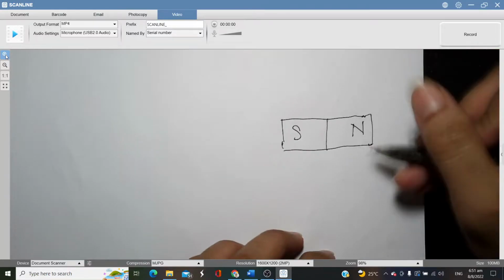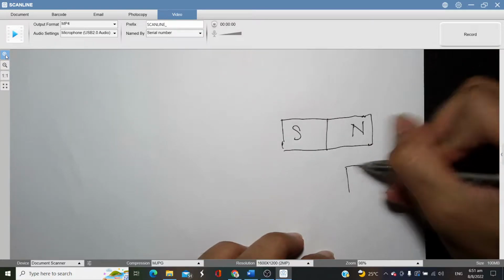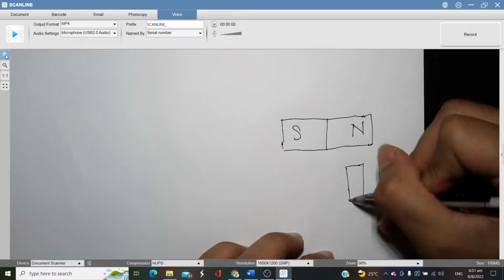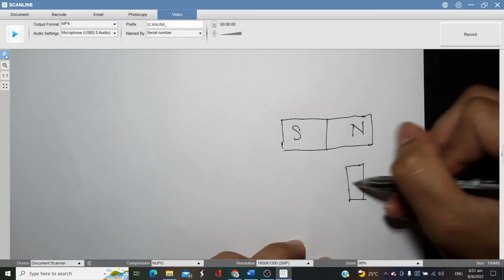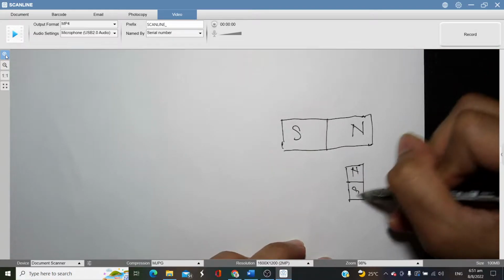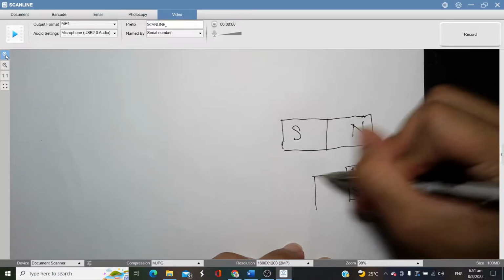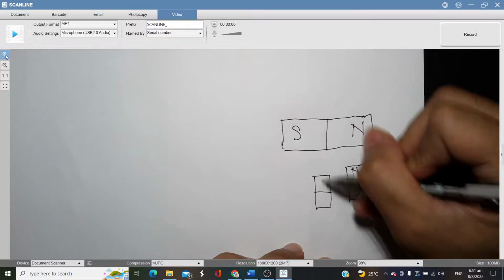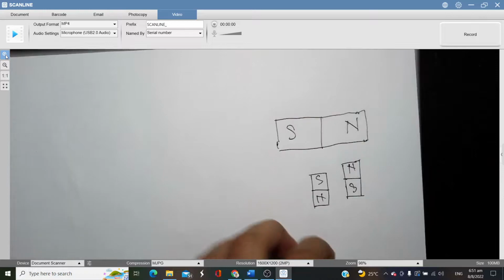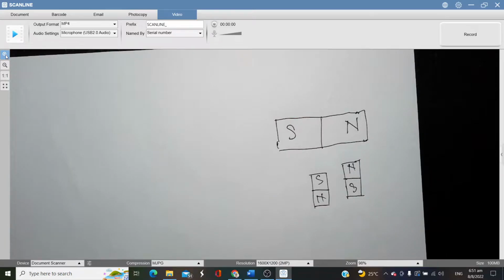It doesn't matter if it is upright or down, here north and south, or it can be south and north. A magnet will always have two poles, south and north.